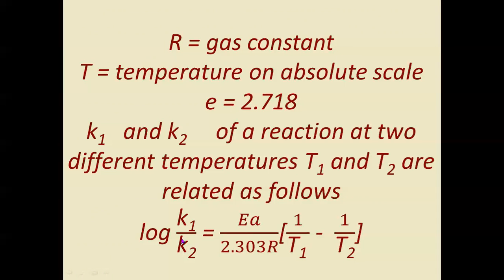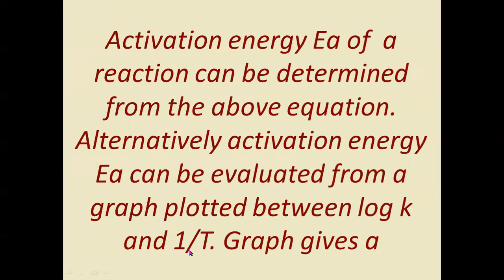Once again, log K1 by K2 is equal to EA by 2.303 R into 1 by T1 minus 1 by T2, where T1 and T2 are the two temperatures. EA is activation energy, R is gas constant, and K1 is rate constant at first temperature or lower temperature, and K2 is rate constant at higher temperature or T2.